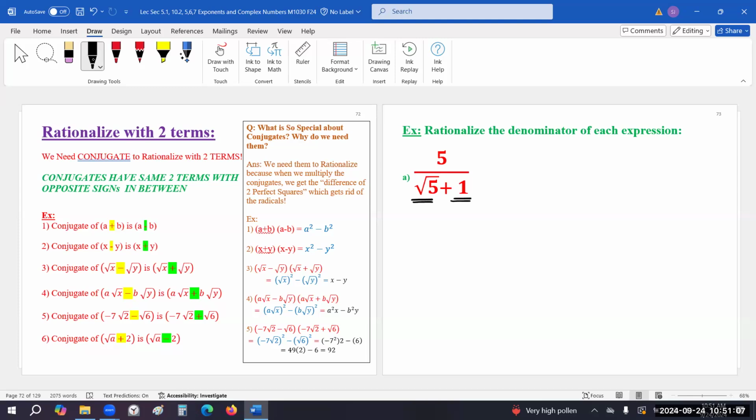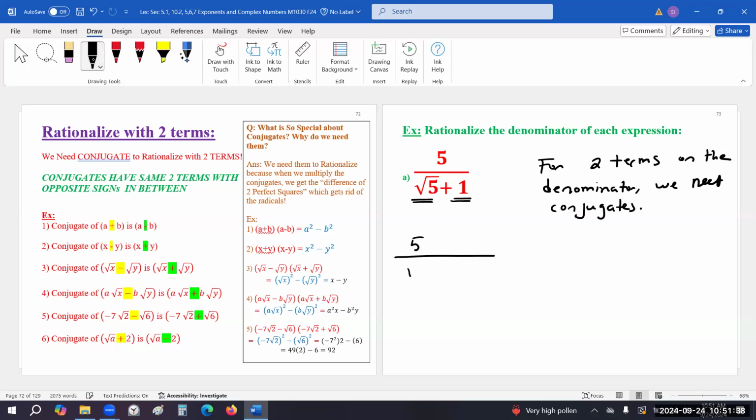For two terms, you need a conjugate. Okay? For two terms on the denominator, we need conjugates. What is a conjugate? Same thing, just the sign is opposite. So we are given 5 over square root of 5 plus 1.